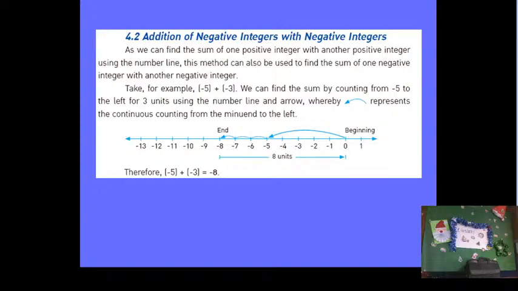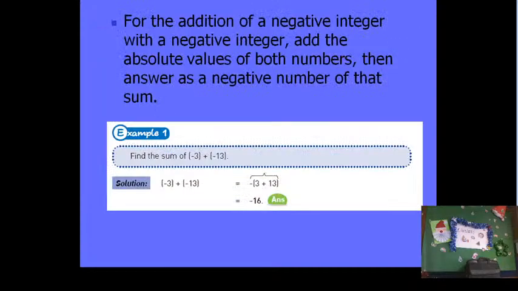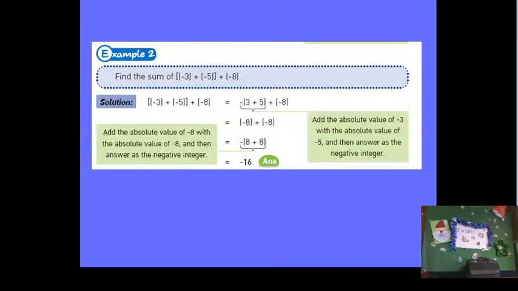Now same like this, you can see here, for the addition of a negative integer with a negative integer, add the absolute value of both numbers and the answer of that is negative, right.